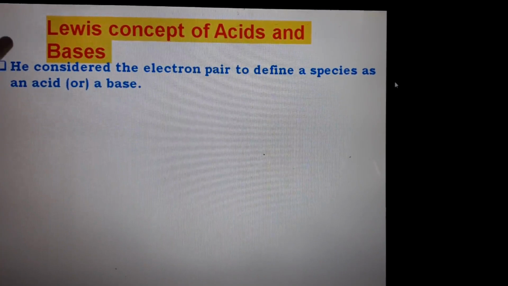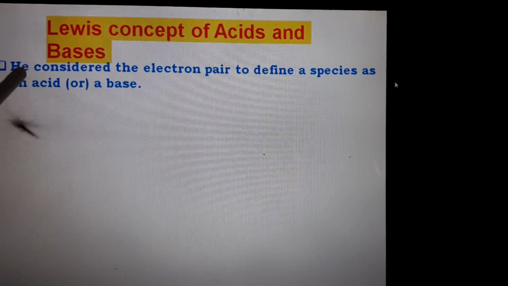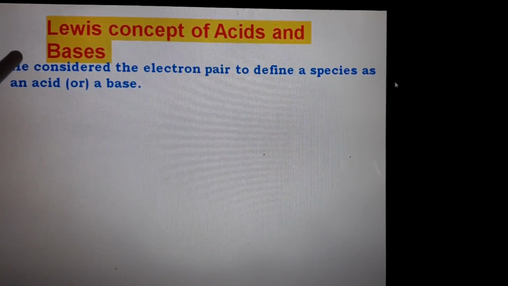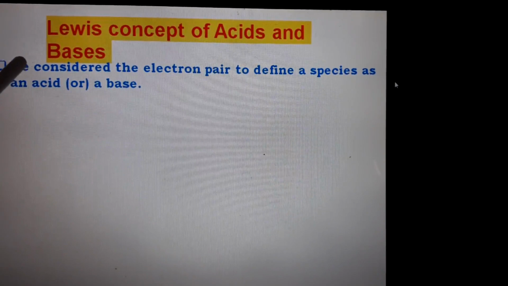First point, he considered the electron pair to define the species as an acid or base. First Arrhenius, and then Lowry-Bronsted. Arrhenius explained acid and base by releasing H plus and OH minus ions. Lowry and Bronsted explained based on the proton.